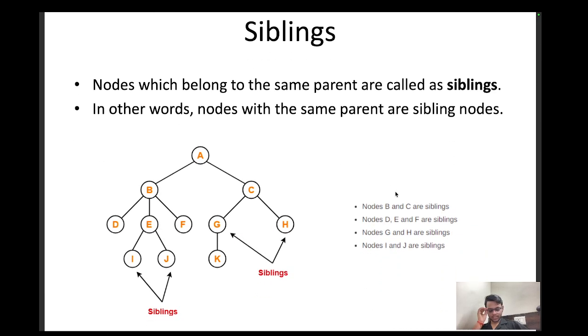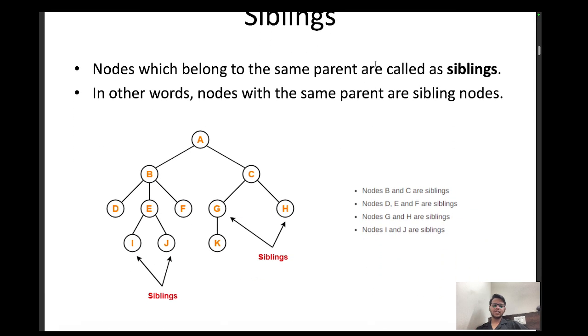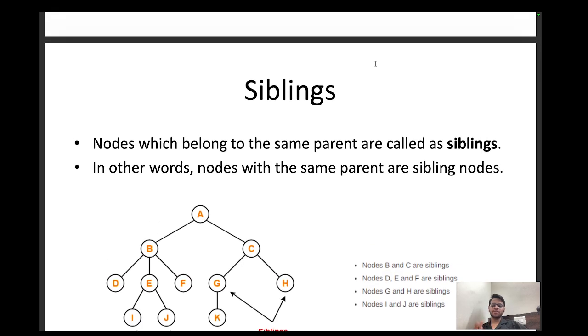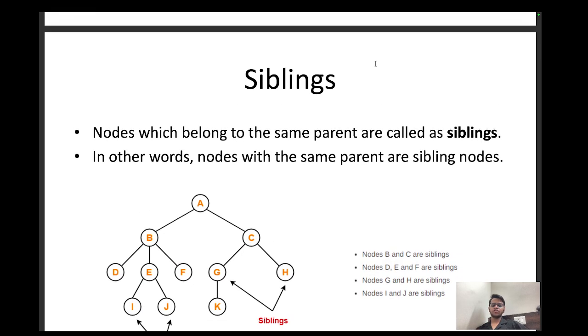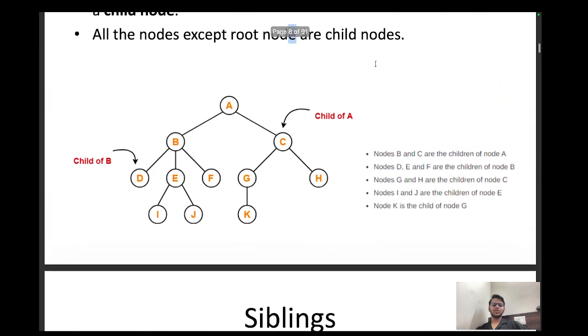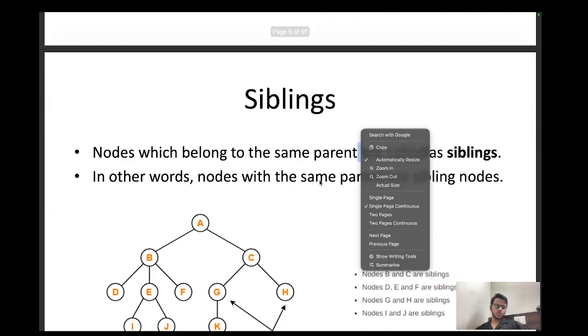Some words in this concept are very similar to each other, and some people often get confused about what siblings are and what children are.